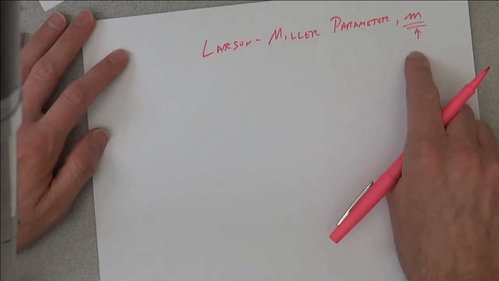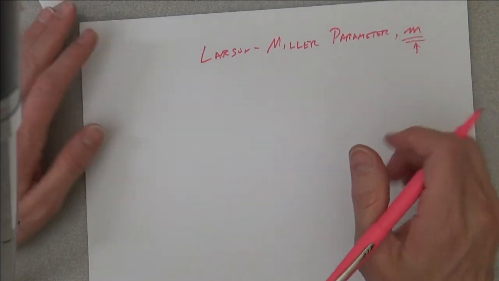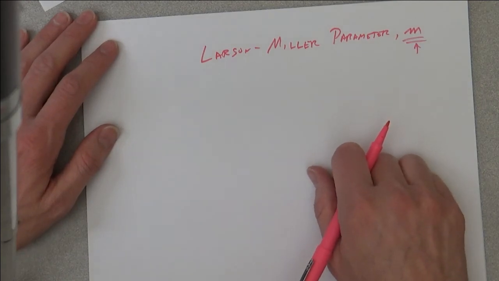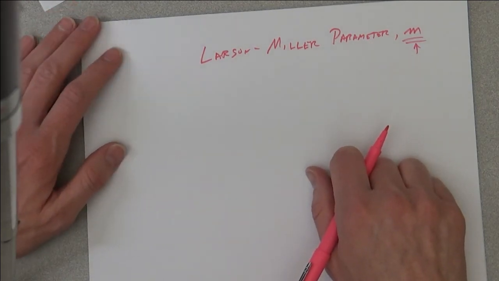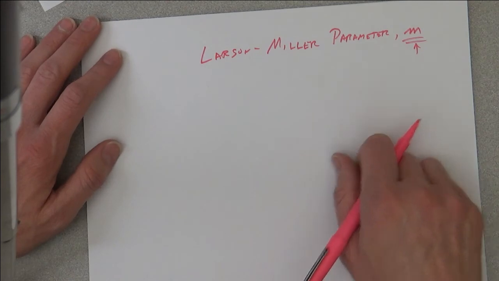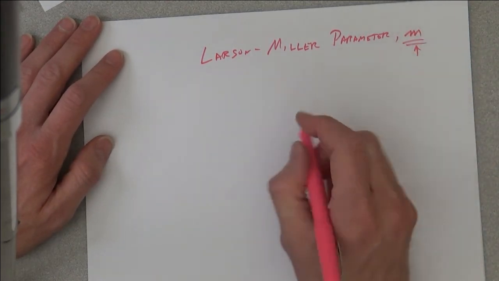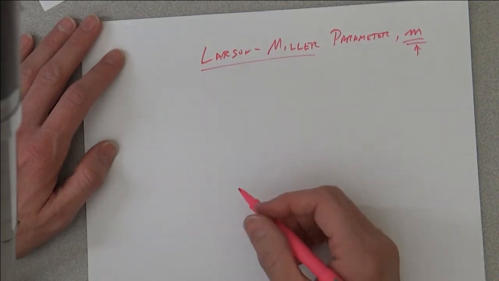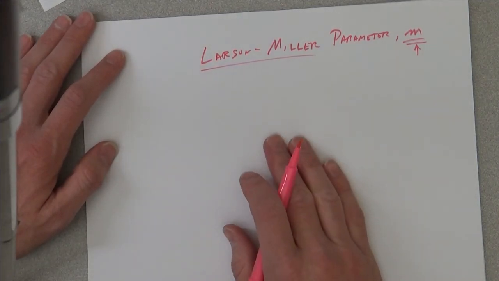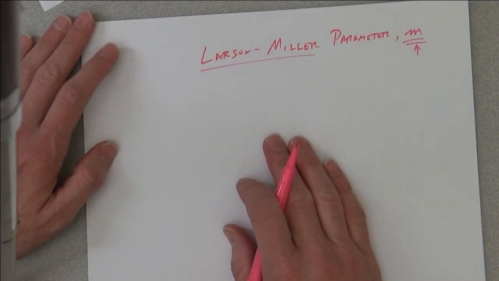I've seen it used as a P for parameter. I've seen an L as well. So be aware that there's not necessarily a universal agreement on what constant to use, but typically it's considered the Larson-Miller method, or Larson-Miller approach to predicting creep lifetime.